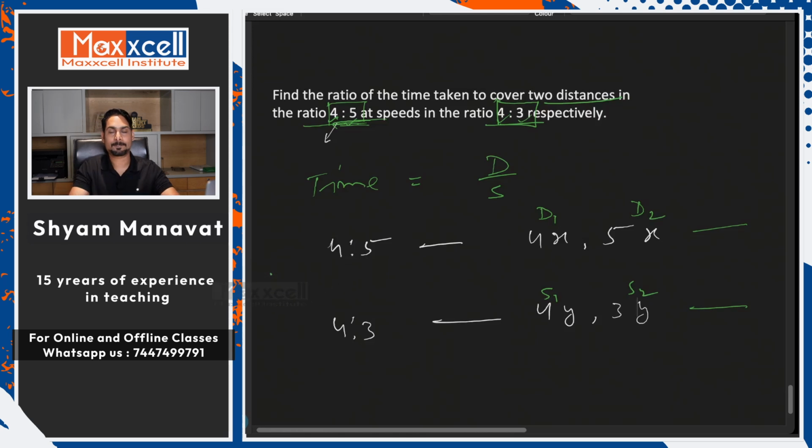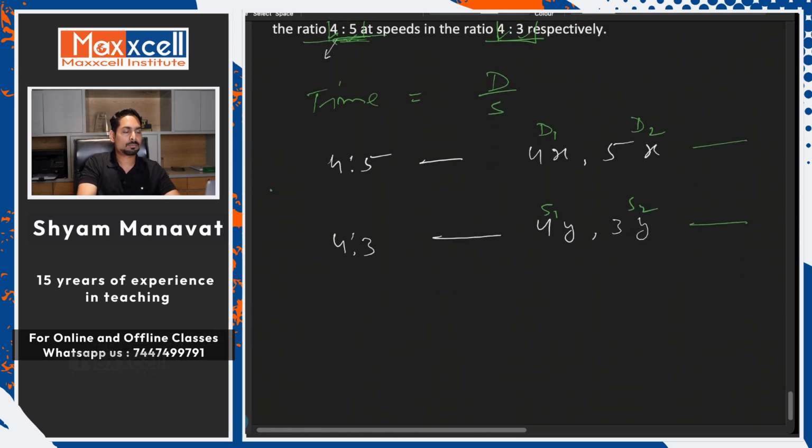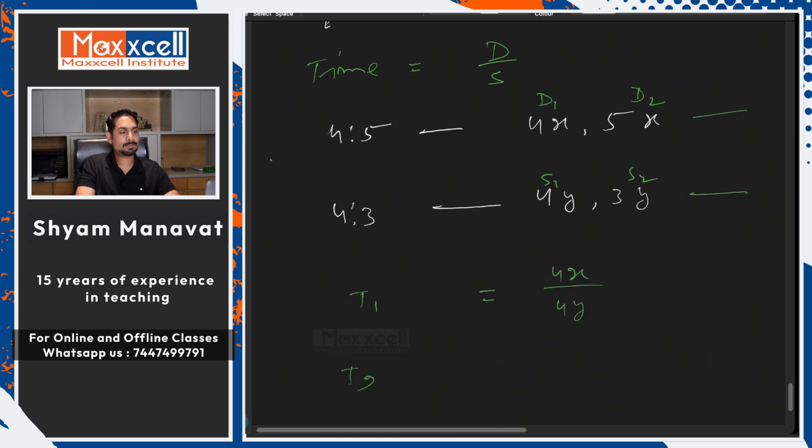Distance is constant, right? So you get time 1 as distance 1 by speed 1, and time 2 as distance 2 by speed 2, yeah?